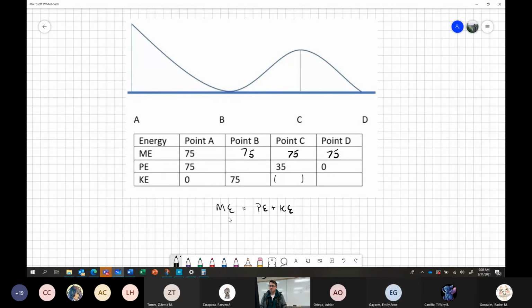So if we plug these numbers into this equation, 75 is equal to 35 plus KE. We just solve for kinetic energy, which means we have to subtract 35 from both sides. And that gives you a kinetic energy of 40. Because remember, mechanical is the total. This is the sum of these two things. So if we put these two things together by adding them, it is that.